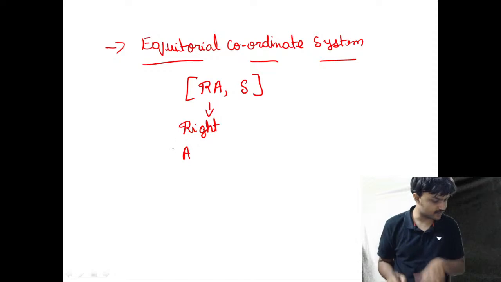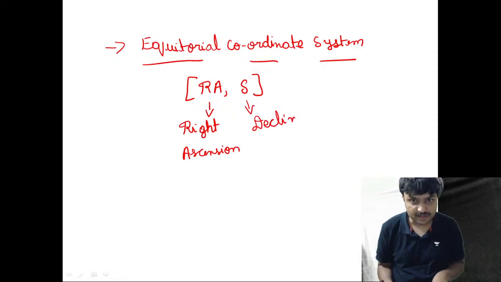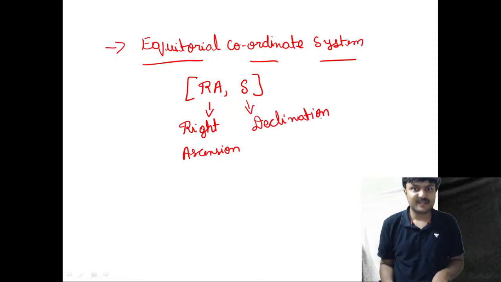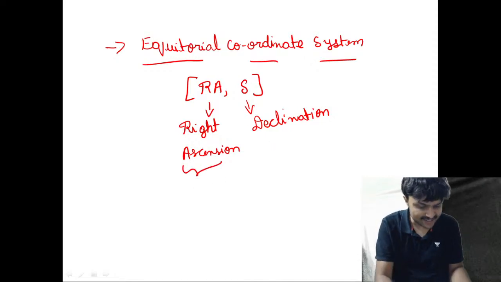This has to do with a constellation called Aries. Okay, so when we talk about right ascension, this is called right ascension and delta is called declination. You know what right ascension and declination correspond to?